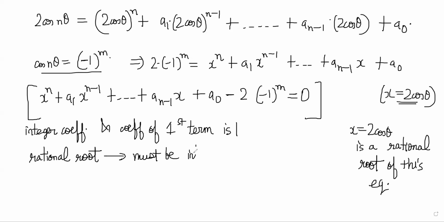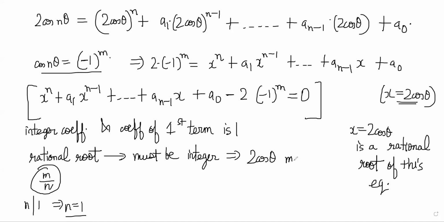Why do we know that it must be an integer? Because if the rational root was some m by n, we know that the denominator divides the first term. n divides 1, so that implies n is 1 or minus 1, right? So the overall rational number must be an integer. This is coming from the rational roots theorem. So that means 2 cos theta must be an integer, which is the rational root that we have, right?